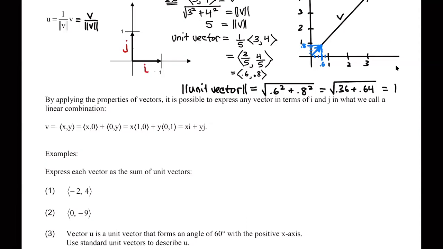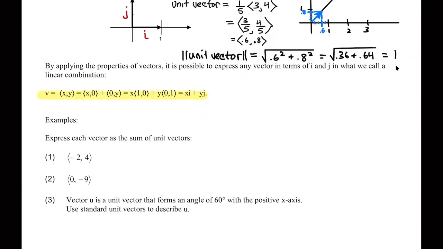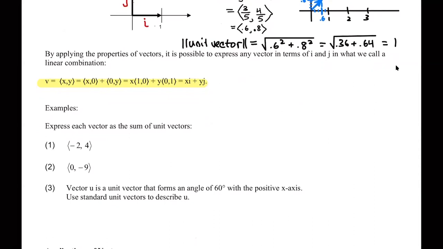But the process here is pretty straightforward, and I'll take you through an example or two very quickly. So when I have -2, 4, that could be thought of as the sum of -2, 0, and 0, 4. Now that -2, 0 has a scalar multiplier of -2.